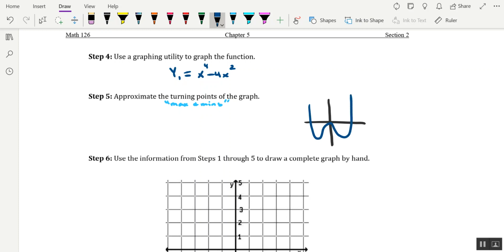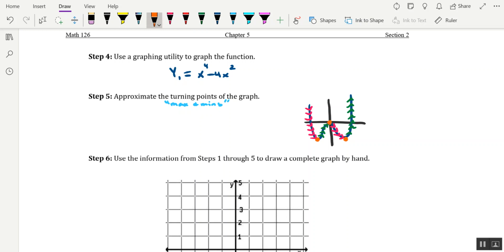That's a rough sketch of our graph, and the reason why those are turning points is because as you trace this graph from left to right, it decreases until it gets to this absolute minimum, also a local, and then it increases until it gets to what looks like a local maximum, in which case it decreases till it gets to a second absolute minimum, doubling up as a local, and then it increases from there on out.